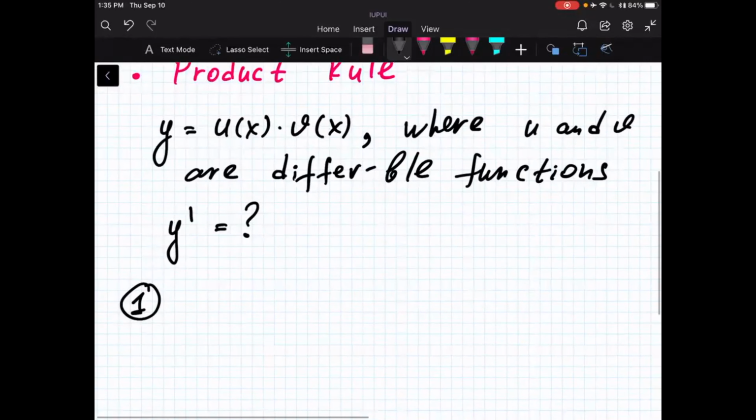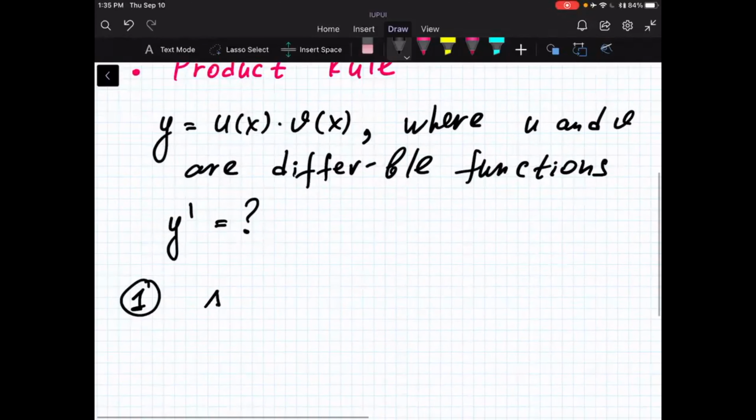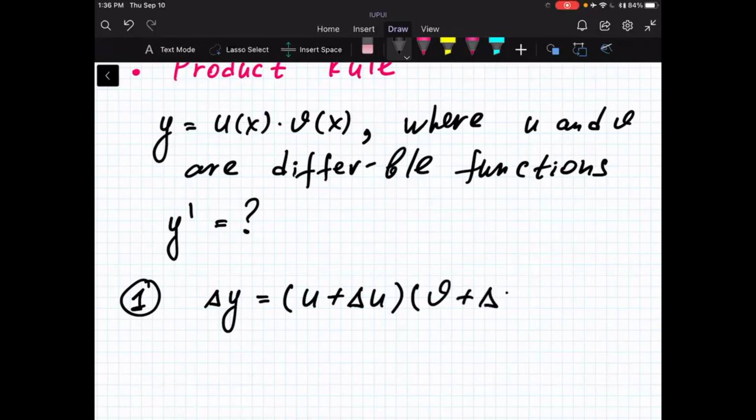And what is the change in y? Change in y comes from 2 places. First, you can change u. So u is changing, and it becomes u plus delta u. Or it can be change in v, which is v plus delta v. And we should subtract the initial value, which is u times v.